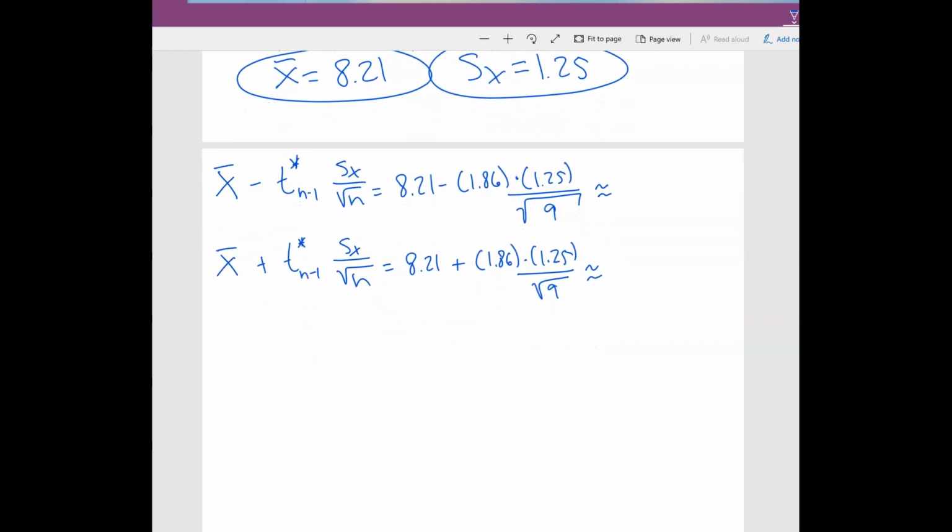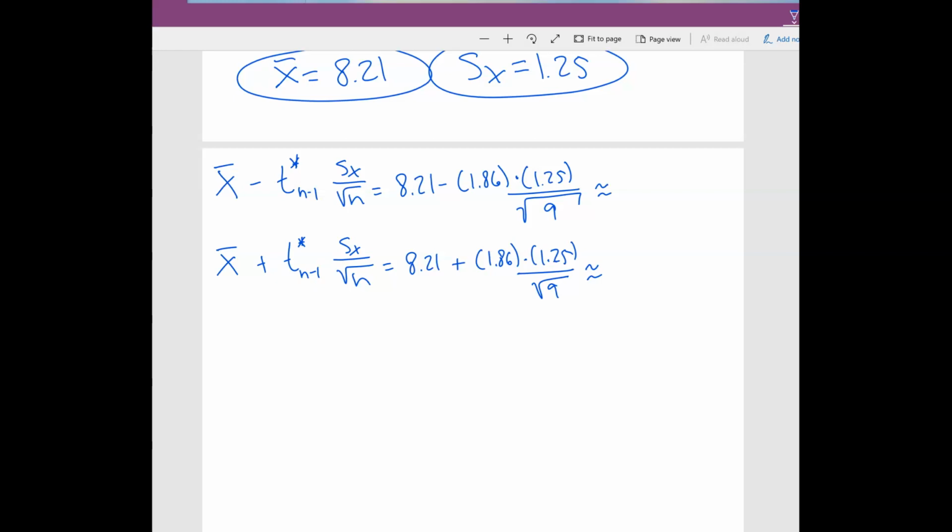Okay, so all we've got to do is put this in our calculator. So I'm going to have 8.21 minus 1.86 times 1.25 divided by the square root of 9.